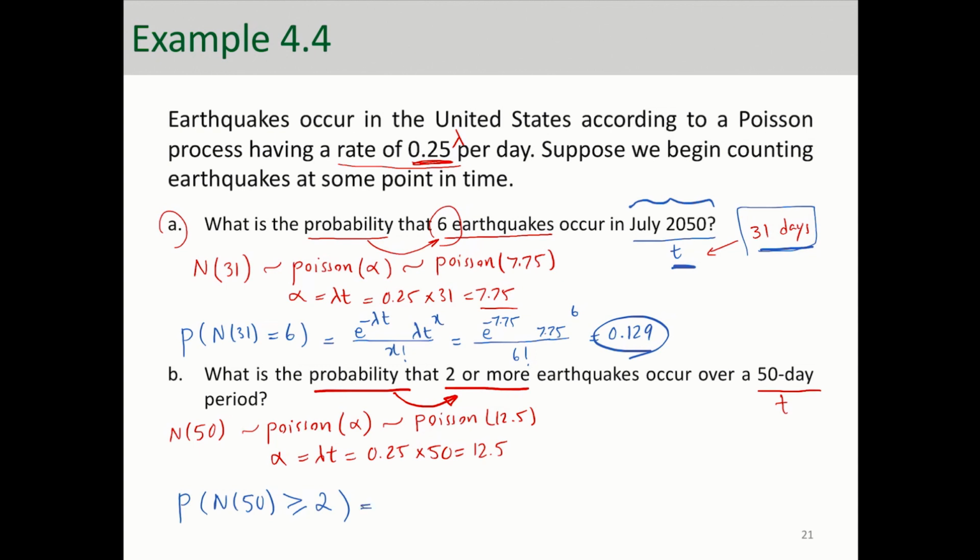Right there are a lot of possibilities. 2 arrivals in 50 days, 3, 4, 5, all the way to infinity. And that's a lot of probability to calculate, and then you have to sum them up. So in these situations, you know that the best way is to convert this to 1 minus the probability of N50, the complement of that, less than 2.